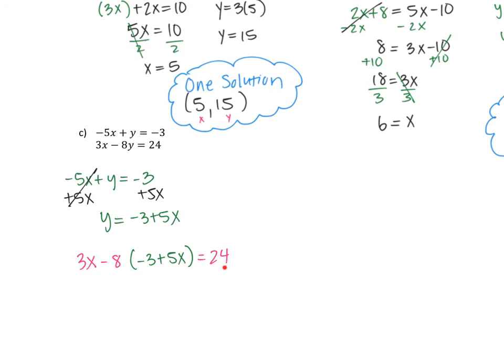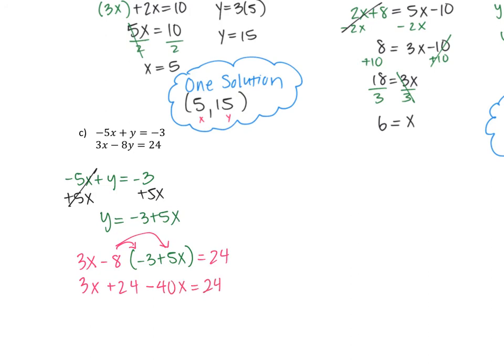And so when I look at this problem, I'm just going to try to combine all the x's and the numbers. So first off, I'm going to distribute the negative 8. So this makes 3x minus, well actually, that's not a minus. Negative 3 times negative 8 is positive 24. And negative 8 times positive 5 is negative 40x equals 24.